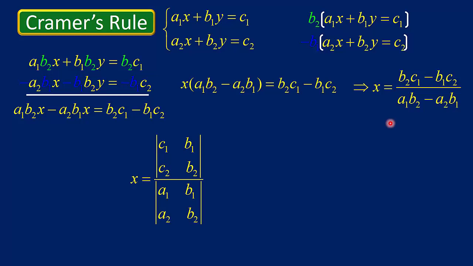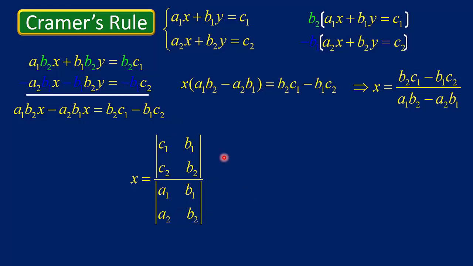You might say, well, why would you want to? Well, that might help us to remember the technique more easily, because this up here might be kind of hard to remember. But look at this bottom determinant. It's just the coefficients of this left-hand side here. Look, A1, B1, A2, B2.